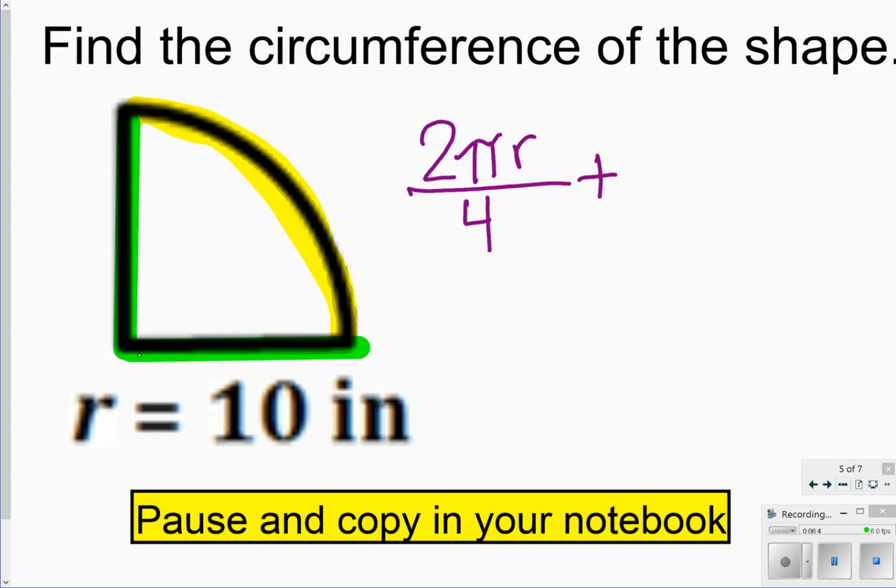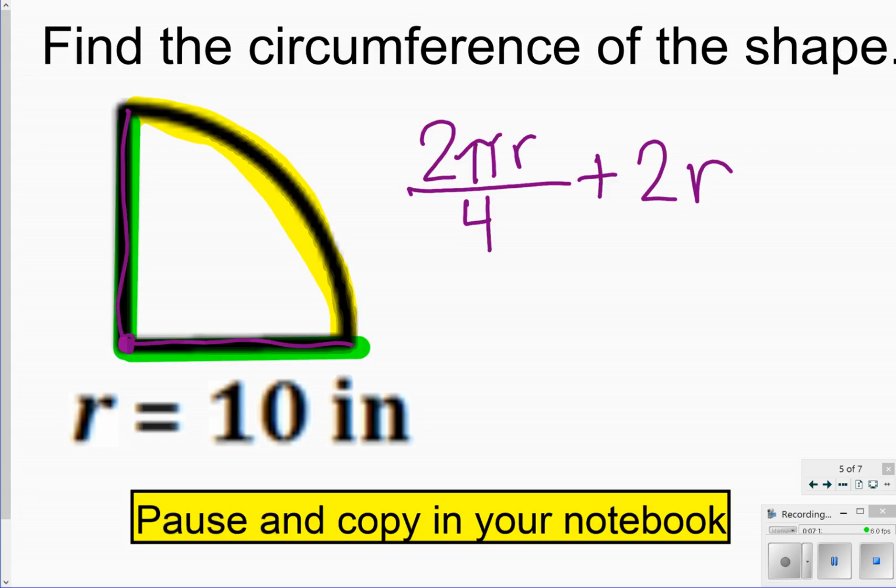If it's 1/4 of the circle, then this corner down here is actually the center of the entire circle. And if that's the center of the circle, then each of these straight lines that I highlighted in green and now I'm tracing in purple are actually the radius, and we have 2 of them. So we're going to add 2 radii to it.